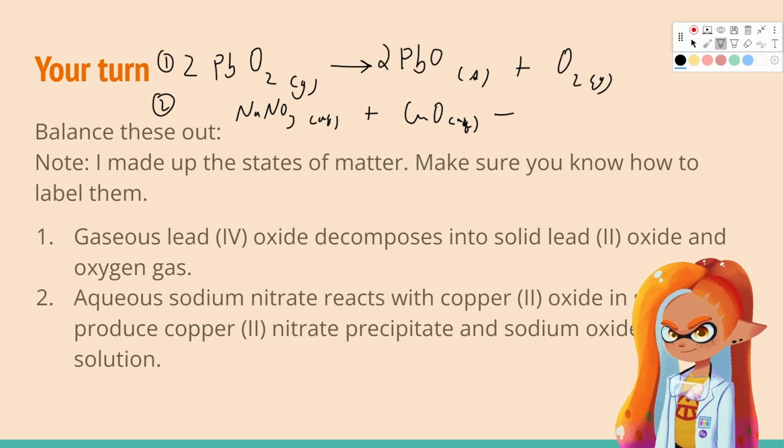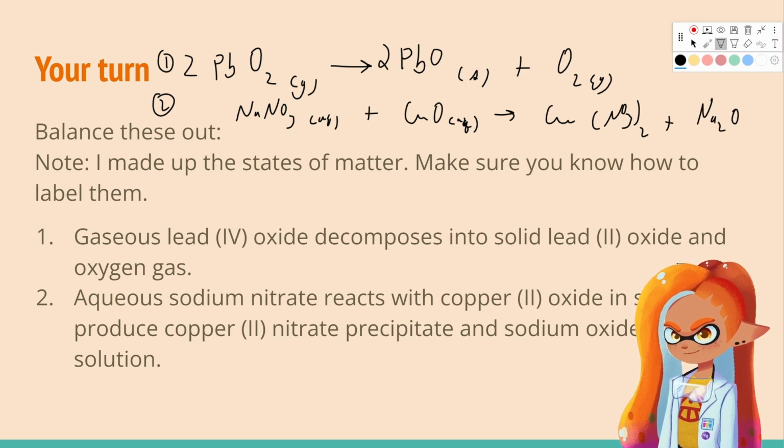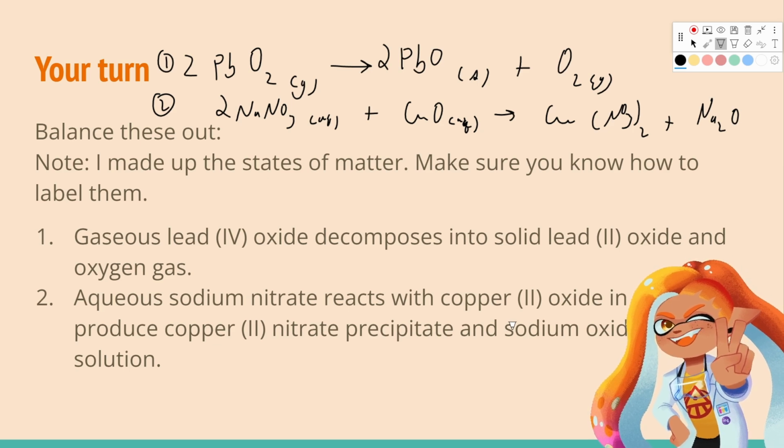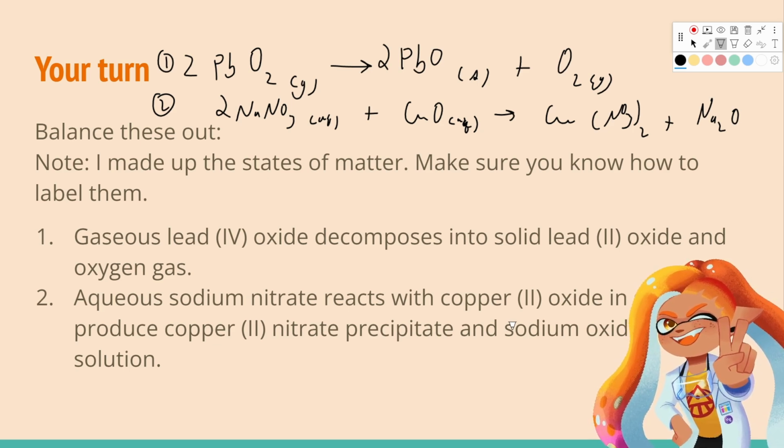And then it is producing copper 2 nitrate, so Cu, and then NO3 is -1, but copper is 2 in this case, so you want to make sure NO3 is in parentheses 2. And then we have sodium oxide. And so if we're balancing this out, you would need a 2 in the front of this, and that is it.